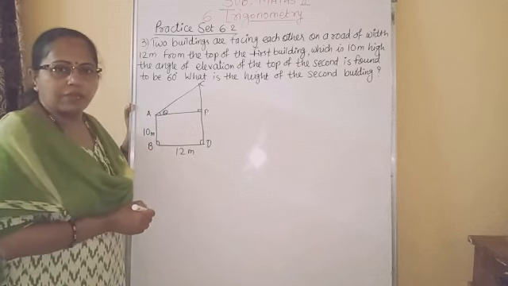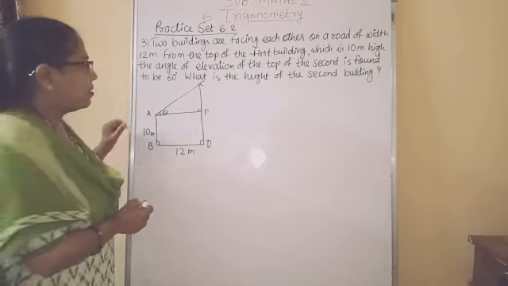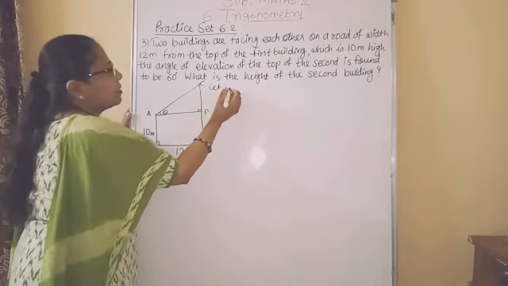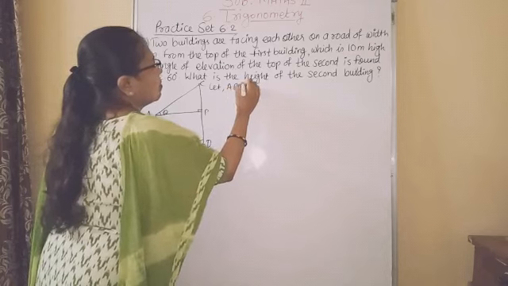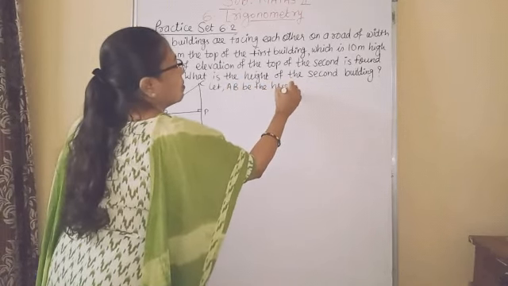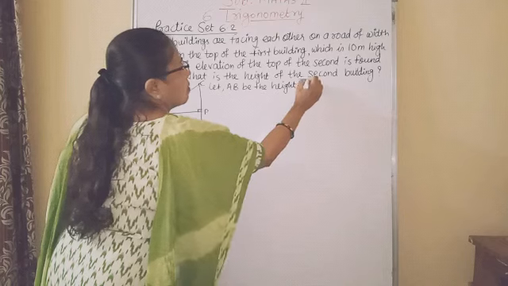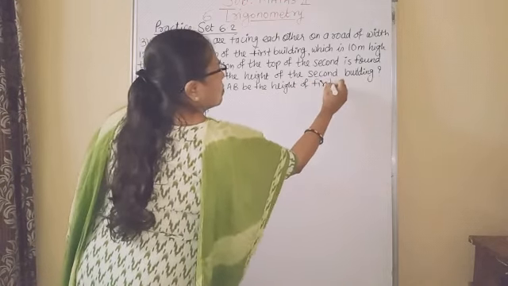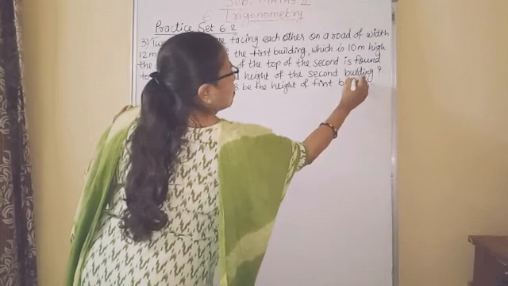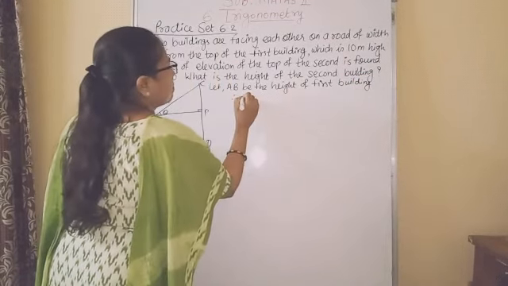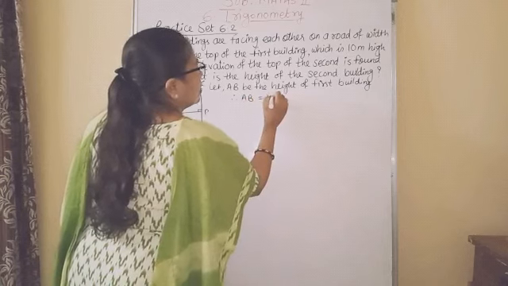Okay. Now we will represent this figure in words. That means we will explain the figure in a statement. Let AB be the height of the first building, and this height of the first building is given, therefore AB is equal to 10 meters.